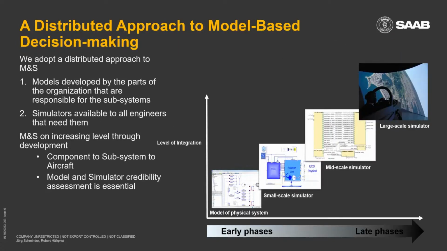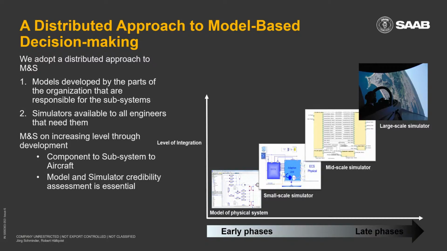So when using models for development, we adopt a distributed approach. And with that, I mean that the models are developed by the parts of the organization that are also responsible for developing the subsystems. The engineers developing models can be spread throughout the organization, and they are prompted to use the best suited domain-specific tool at hand to develop their models.